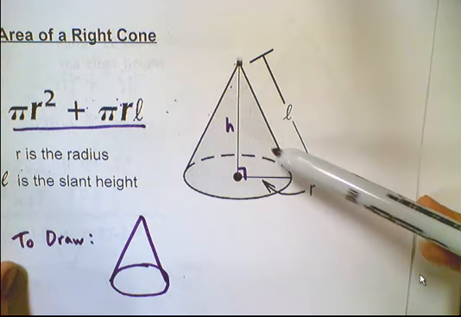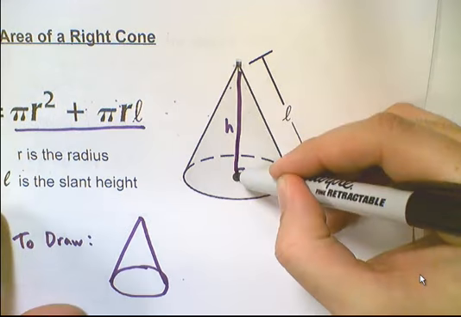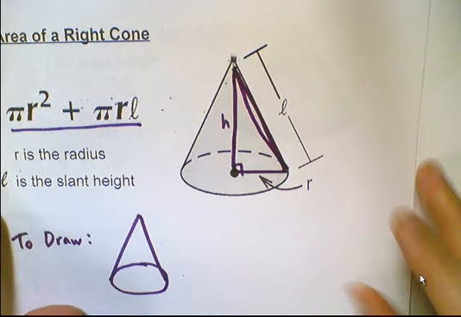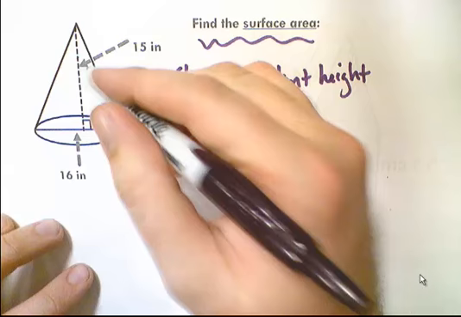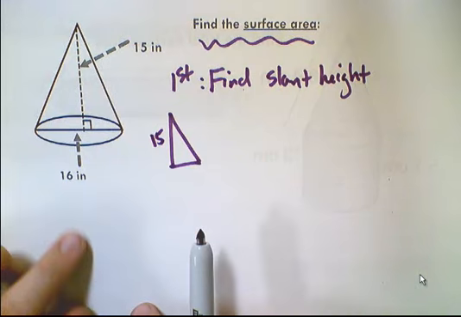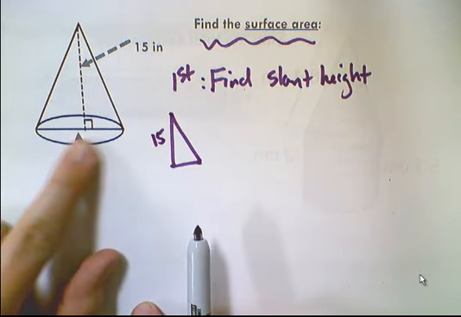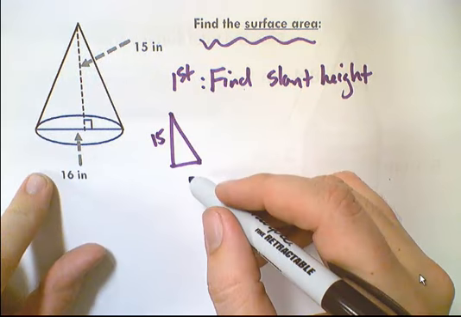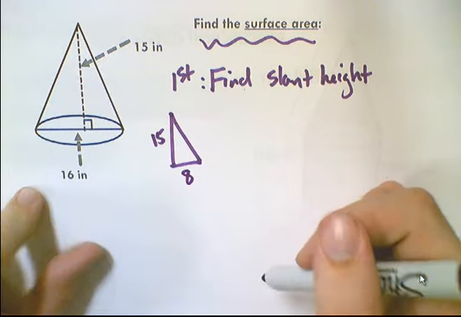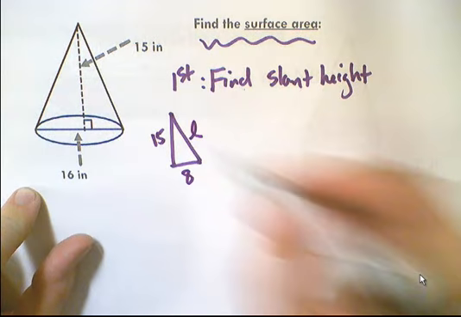And this right here forms a right triangle. So here, my height is 15. This length that I've drawn all the way across is the diameter, so the radius is going to be 8, and then I just have to find the slant height.